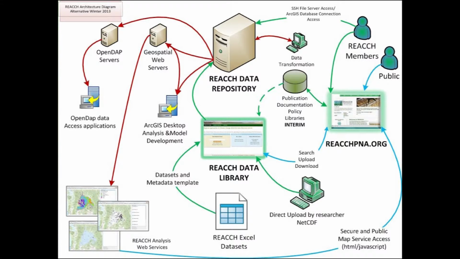Vaughn showed this, and I'm going to be very brief because I don't have a lot of time, but I think he did an excellent job of giving a high-level perspective. Some key points are that we have a website you're going to enter into, and from that website you're going to be able to upload data and search for data. It goes into a database and then gets re-exposed either as a web service or a web page where you can look at mapping information and do queries.